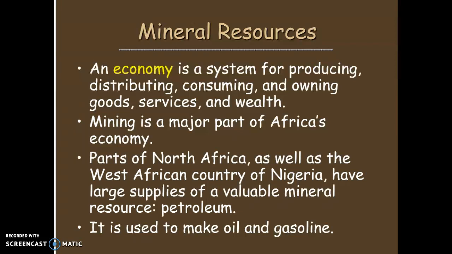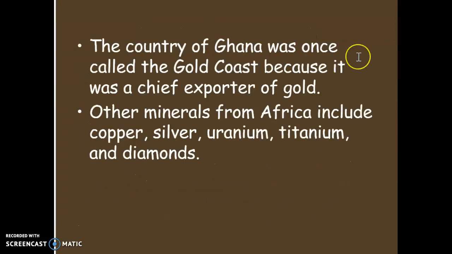OPEC is a conglomeration of countries like Nigeria, Saudi Arabia, Yemen, Oman, Qatar, Iran, and Iraq, all these countries that produce oil. They make agreements amongst themselves on the supply of oil, which in turn dictates the price. And because it dictates the price, that affects our supply of gasoline. So petroleum is important because it's used to make oil and gasoline.